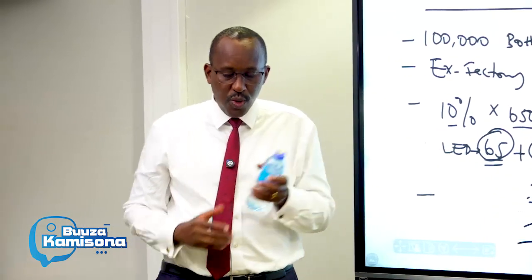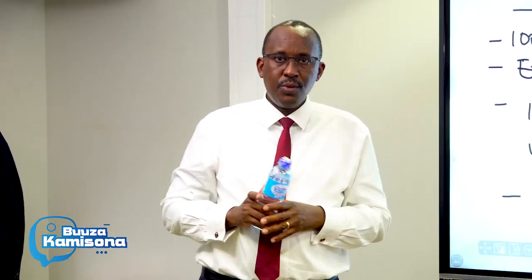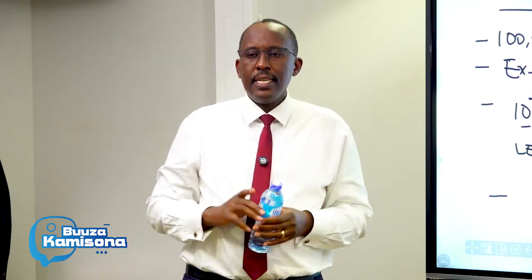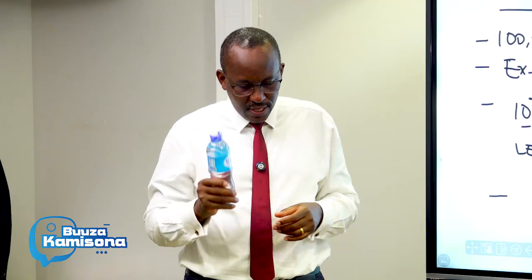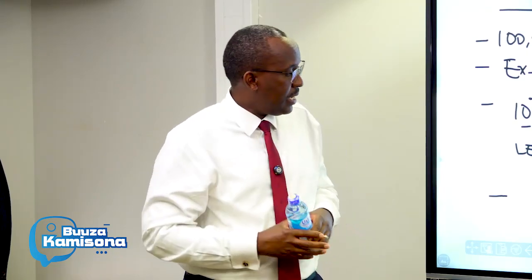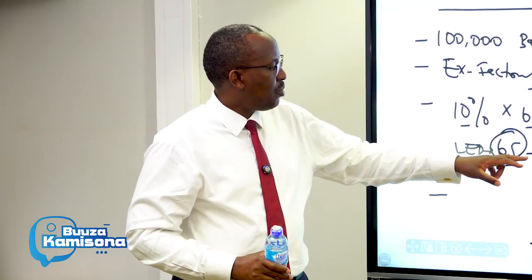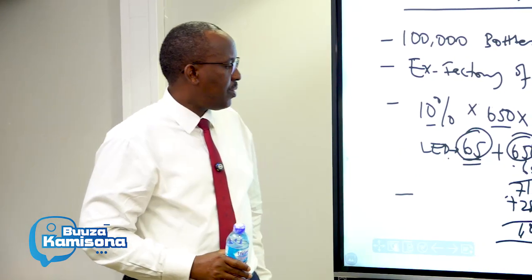Therefore, the person who has paid the excise duty on this water is not the supermarket which has sold you this bottle at 1,000. It's not the business. It is the man who is going to drink this water. The 1,000 you've paid includes excise duty. It includes 650, the cost of production.